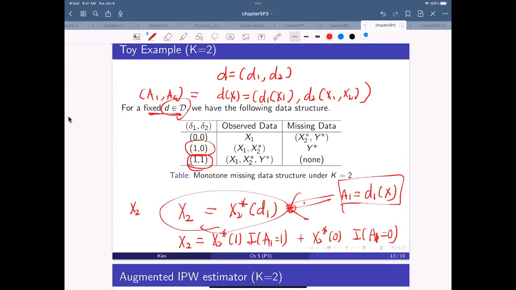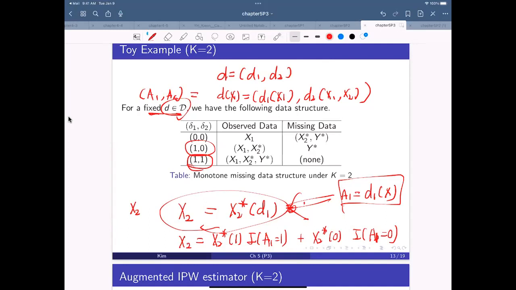So as long as we can observe D1, then we can get the potential outcome expressed, right? We use D1 and compare with my observed A and then determine whether it is consistent or not. If it's consistent, then we can accept it as observed data, right? I always observe this one, but the problem is that I'm not sure whether this one is this one or this one.